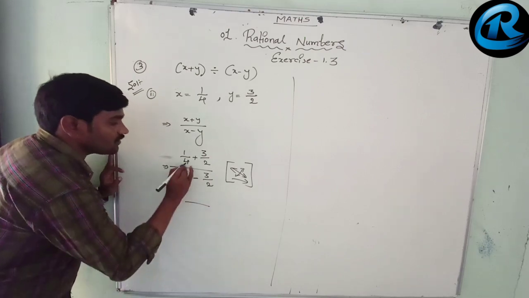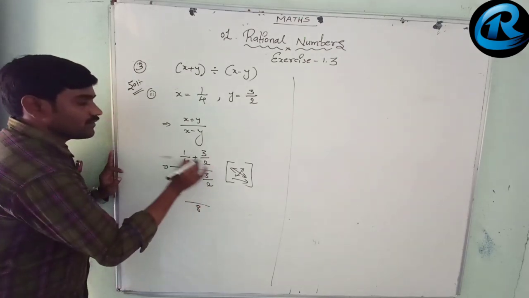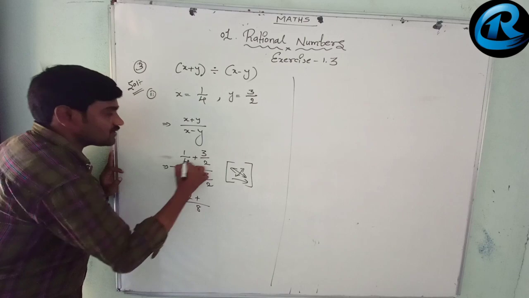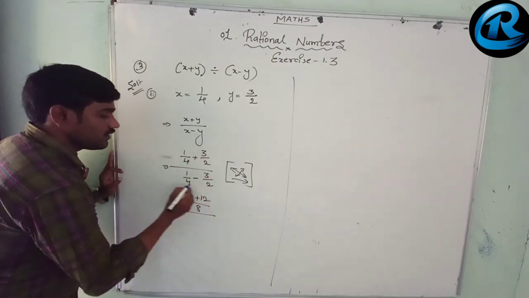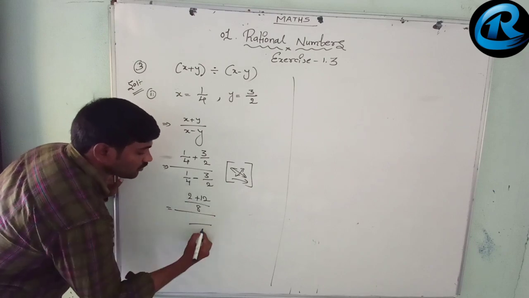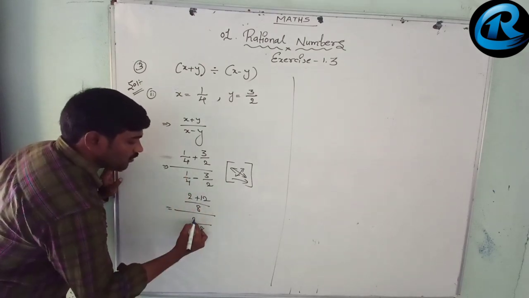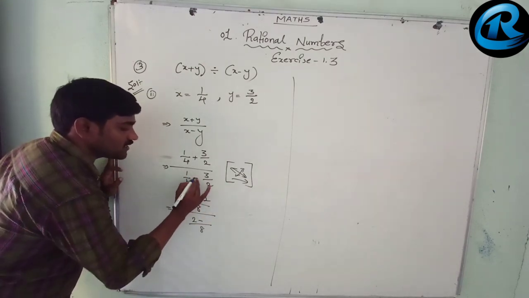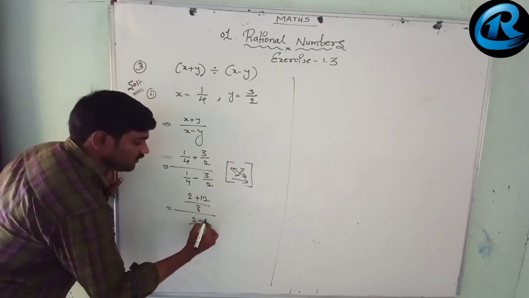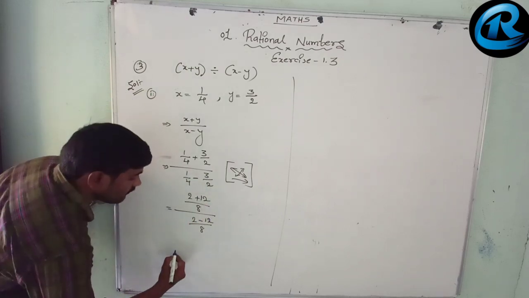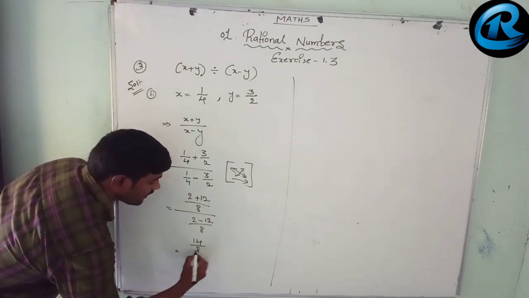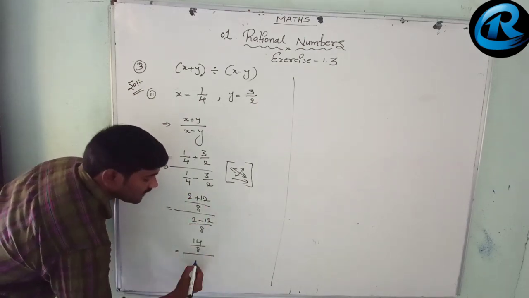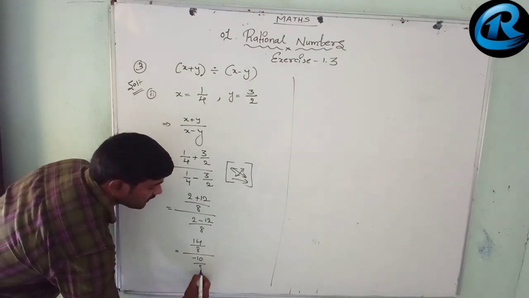So first 4 2s are 8, 2 into 1 is 2, plus 4 3s are 12, whole by here 4 into 2 is 8, 2 into 1 is 2 minus, because here minus we put the minus, 4 3s are 12. 2 plus 12 that is 14. 14 by 8 whole by 2 minus 12 is minus 10 by 8.